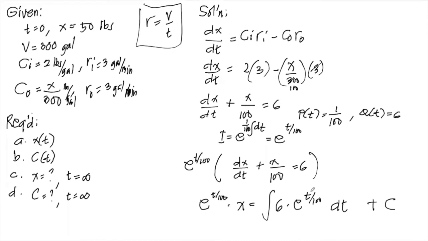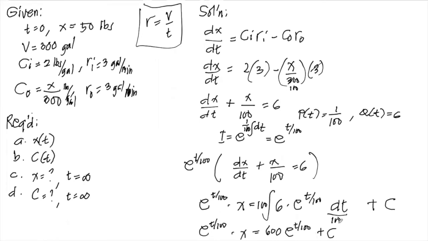You need to have a neutralizing factor kasi para ma-satisfy natin at ma-solve yung exponential function, dapat ito ay dt over 100 din, no? So if you divide it by 100, you multiply here by 100. So the answer to this is e raised to t over 100 times x equals 6 times 100 is 600 e raised to t over 100 plus c.